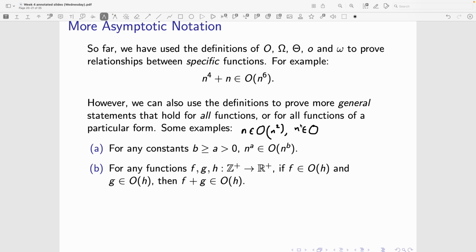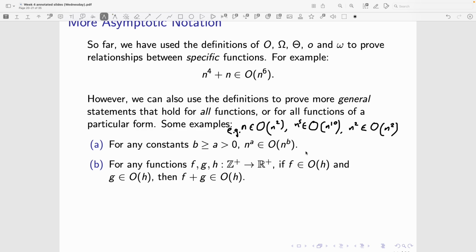And 5 is in big O of n to the 10. n squared is in big O of itself. So these three facts are examples of this general fact in action.